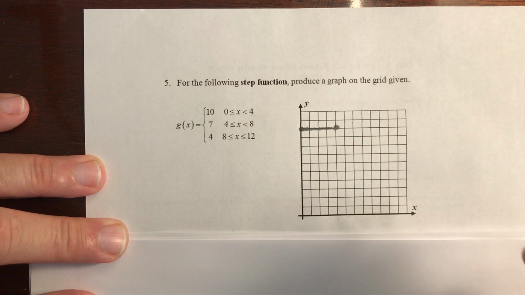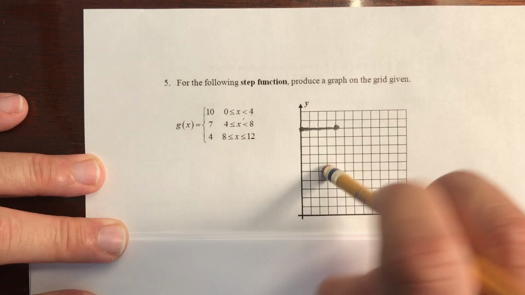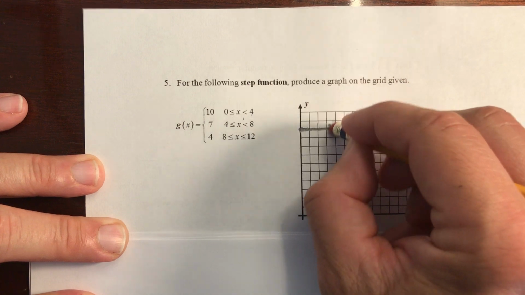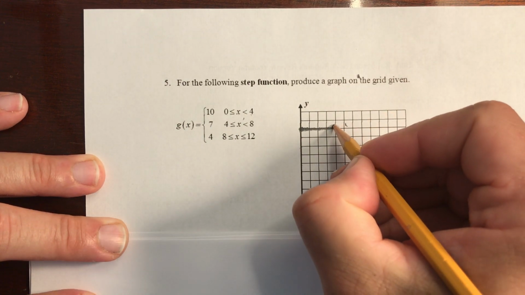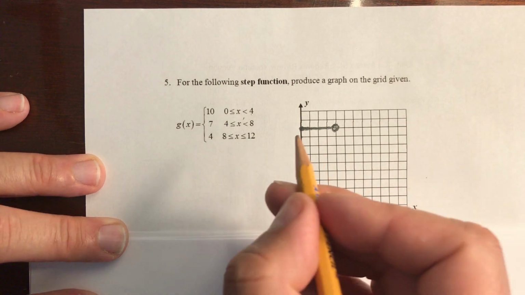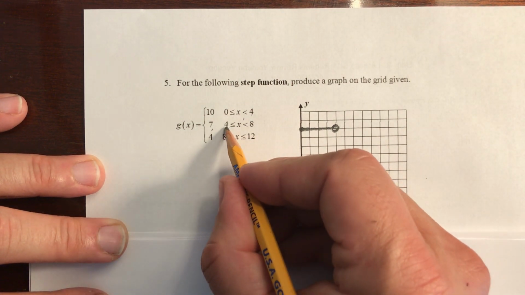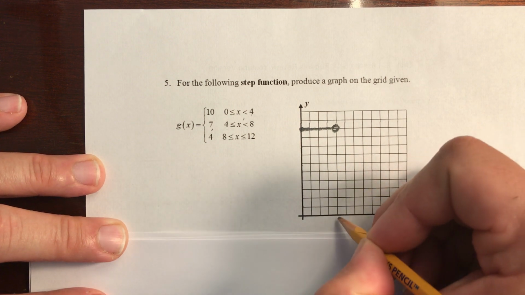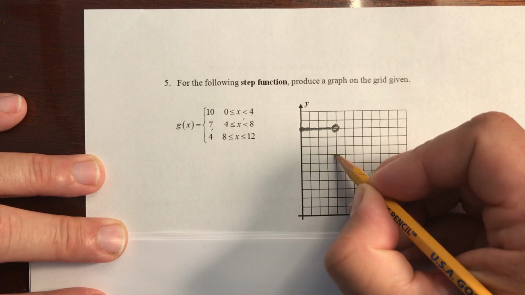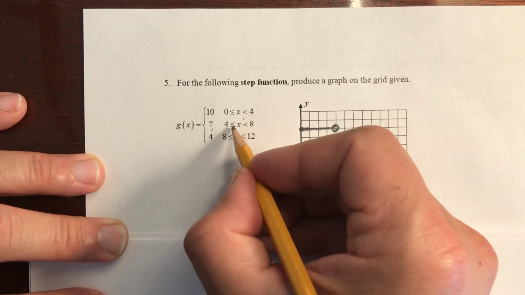Oh, now I made a filled in circle, and guess what? It's supposed to be open. All right, so let's fix that. So make it an open circle. Then we need a height of 7, beginning at x value 4. Okay, so x value 4, we're going to go up to 7 and filled in circle because of the line.